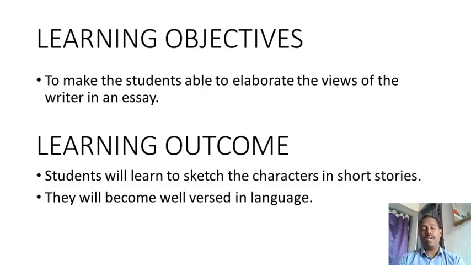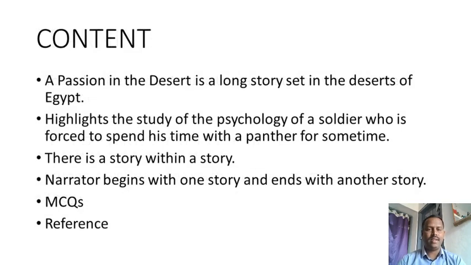The learning outcome, after listening to the story, is that the students will learn to sketch the characters in short stories, and they will become well versed in language. So, these are the learning objectives and learning outcomes of the present class.